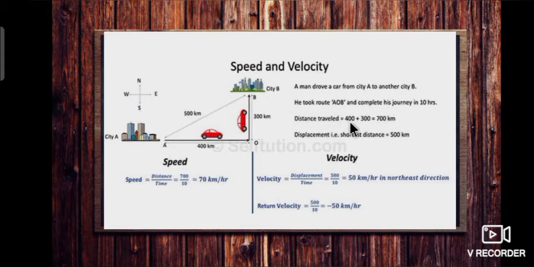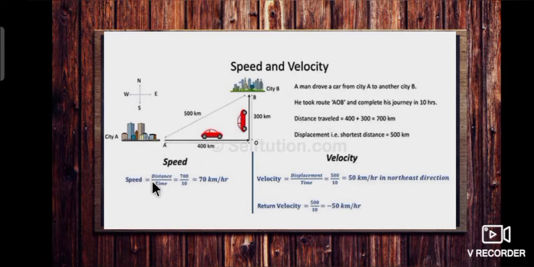Then displacement, that is the shortest distance between city A and city B, is 500 kilometer.